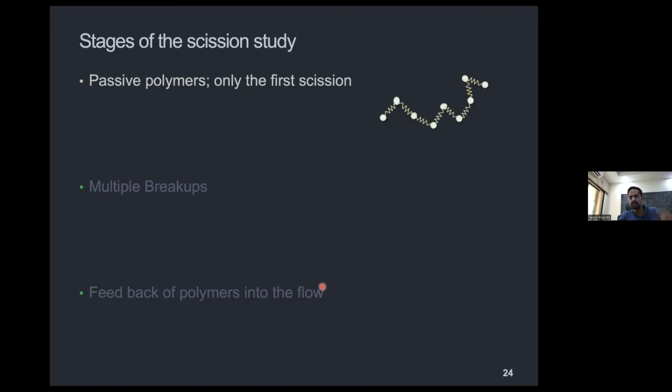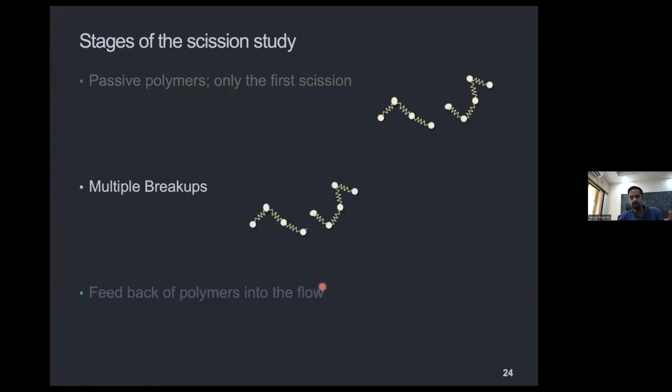So I just want to study the statistics of the first breakup event. Once we understand that, we look at how a polymer can undergo multiple breakups. So after the first scission, we let the daughter fragments evolve further and track subsequent breakups until we reach just individual beads, which you can think of as fragments that can no longer stretch.